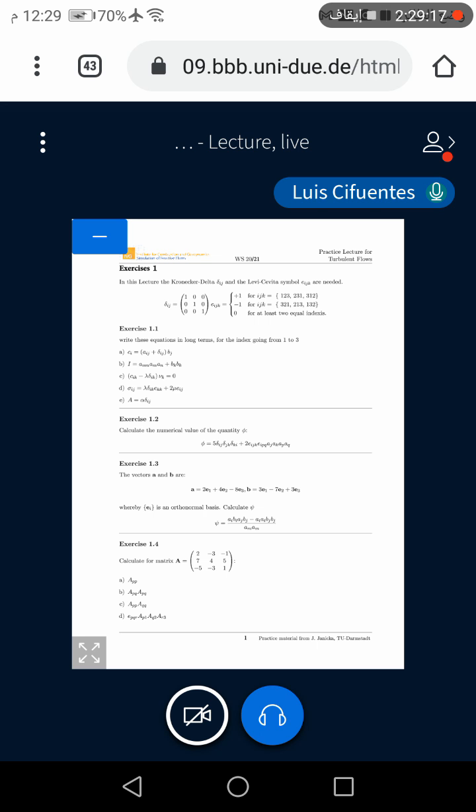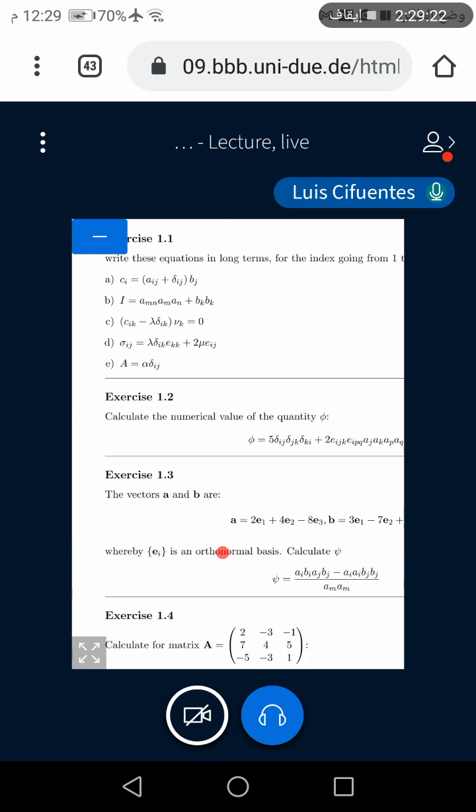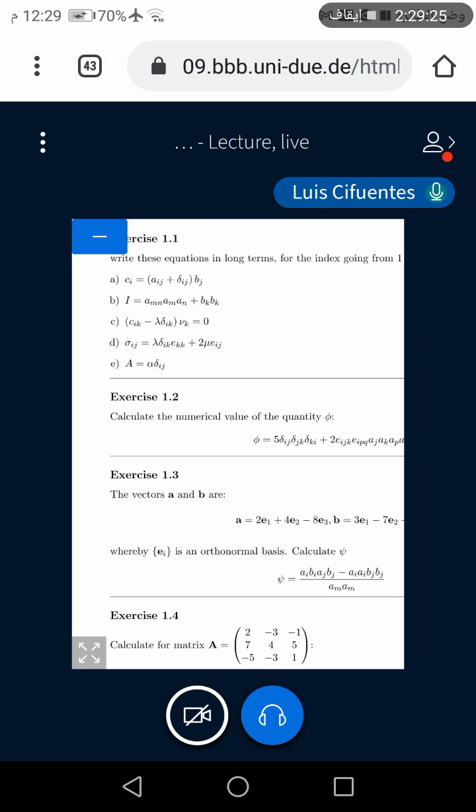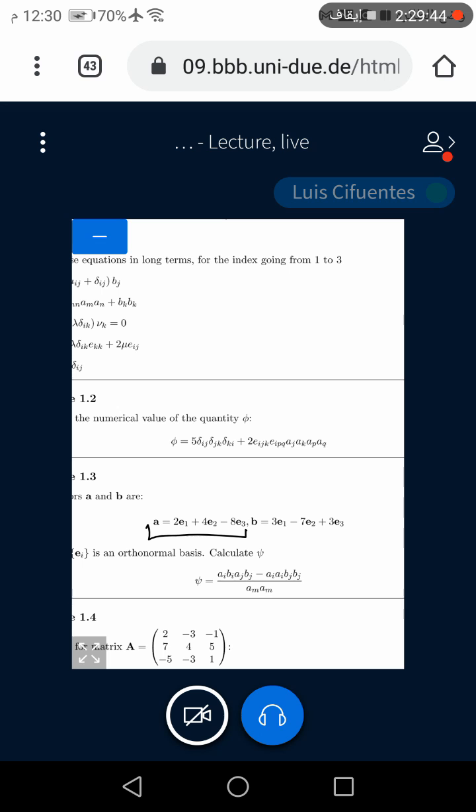Yeah, exercise number 3. We have these two vectors, A and B, and we have to calculate this operation.